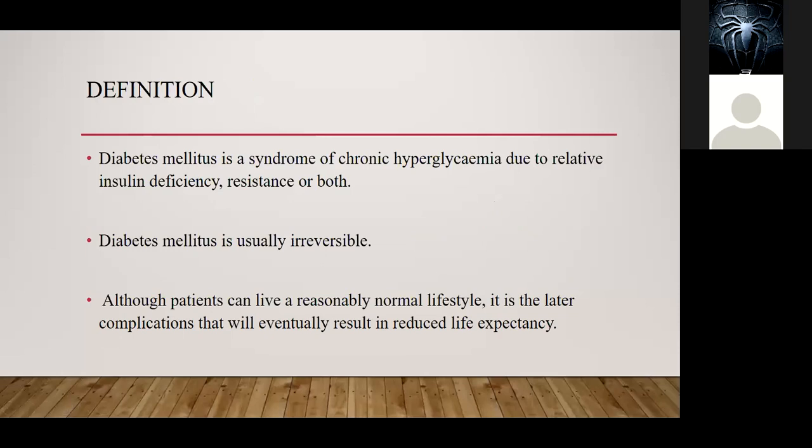So basically, once we talk about diabetes mellitus, we want to say that the patient is experiencing what we call chronic hyperglycemia. And this chronic hyperglycemia is due to insulin deficiency or resistance, or sometimes even both of these factors.